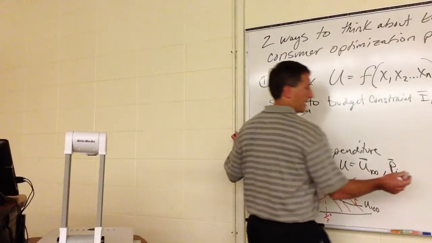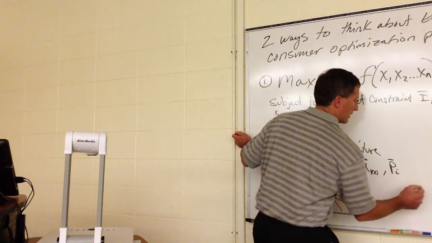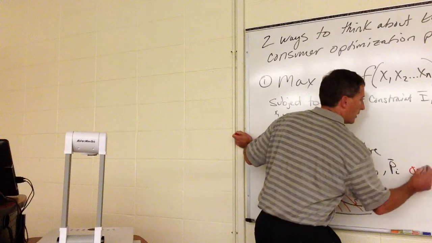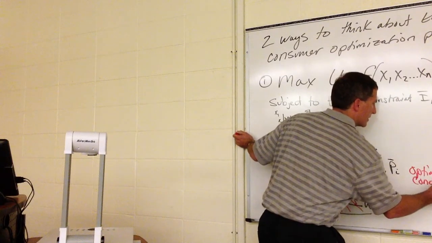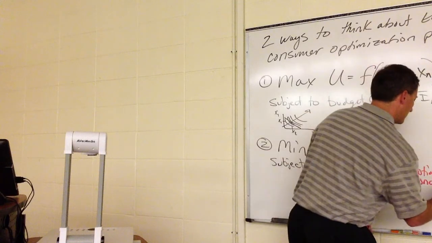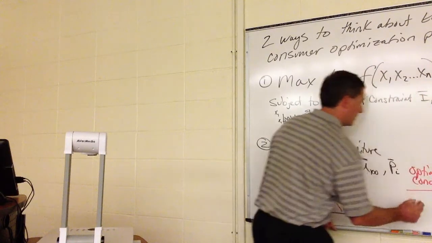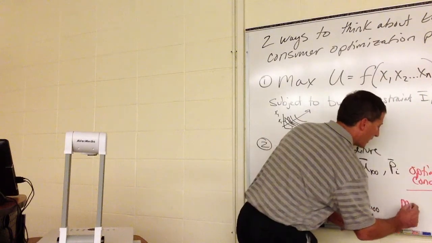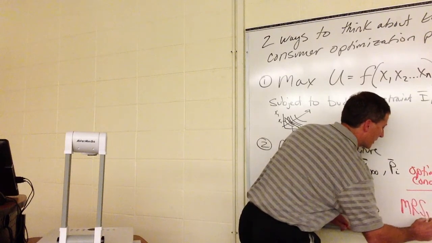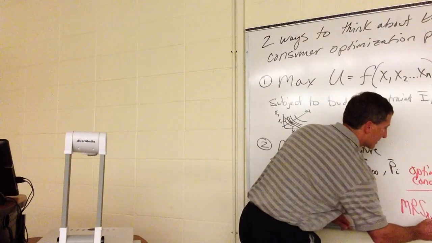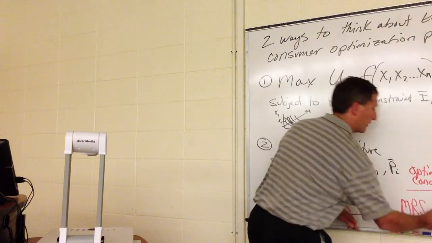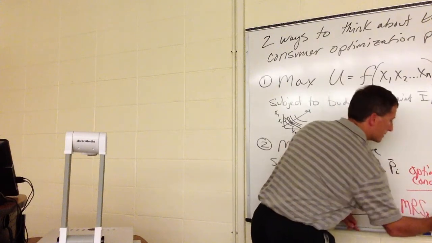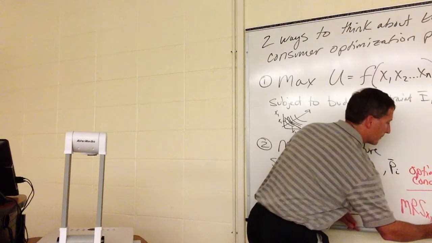All of the optimal conditions remain the same. The optimal condition is still where the marginal rate of substitution of X1 for X2, or 1 for 2, sometimes we do it that way, is equal to the price ratio.